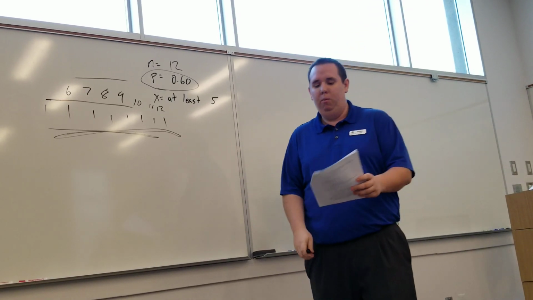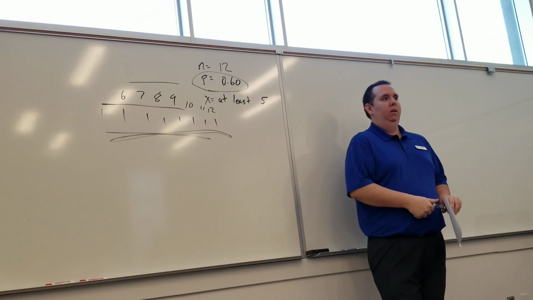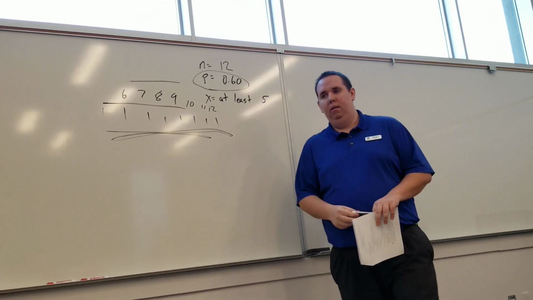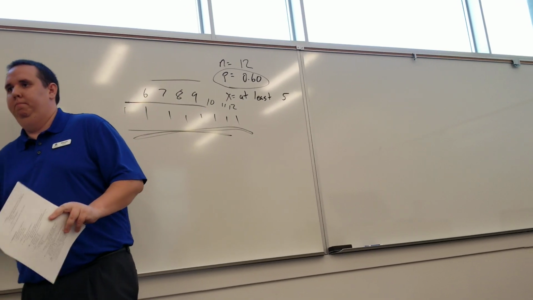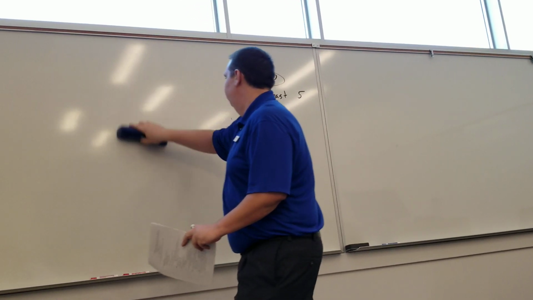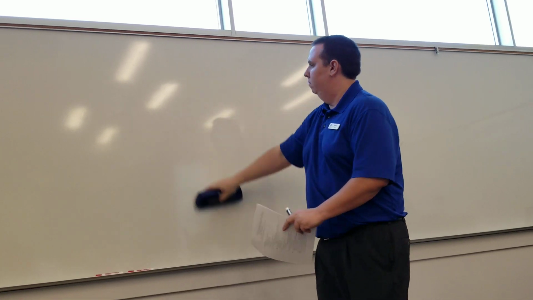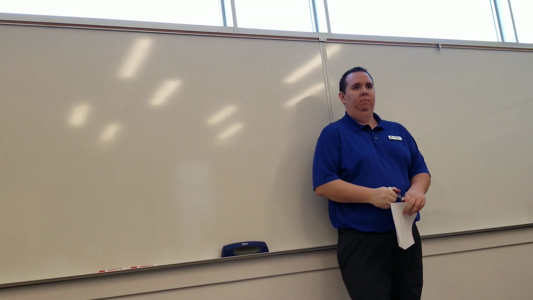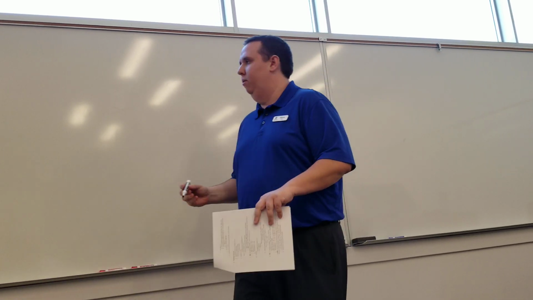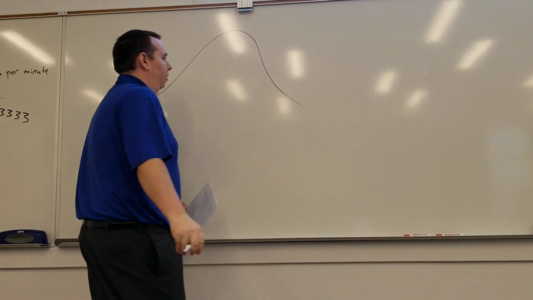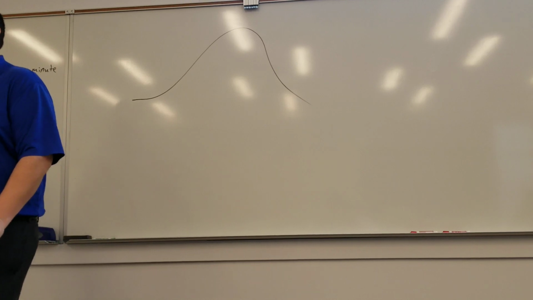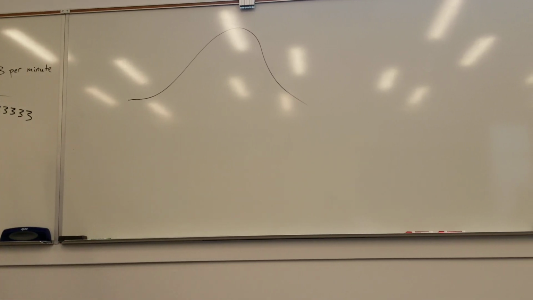So, how can we figure out top 9%? You have to find the z-score. We have to find the z-score, right? So, if we draw a bell curve, where's the top 9% going to be?